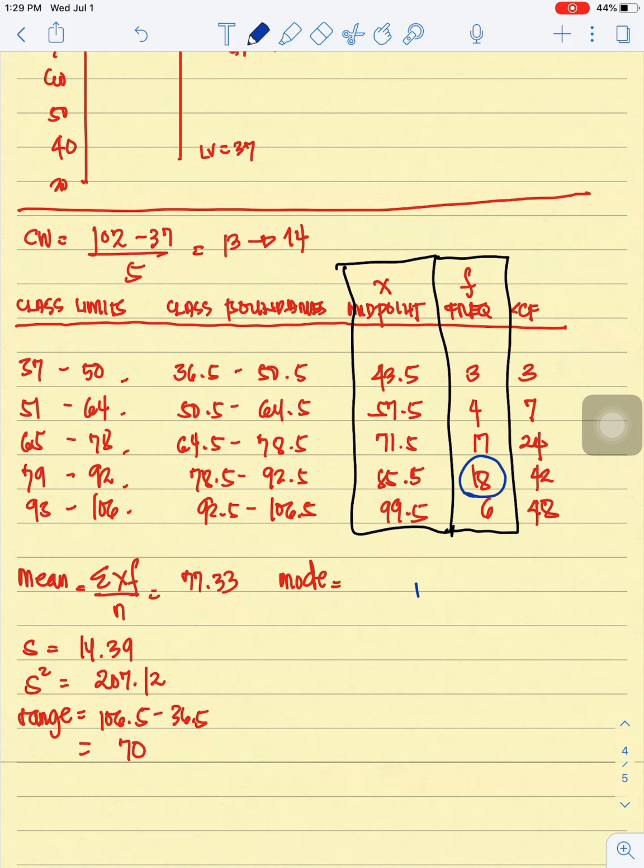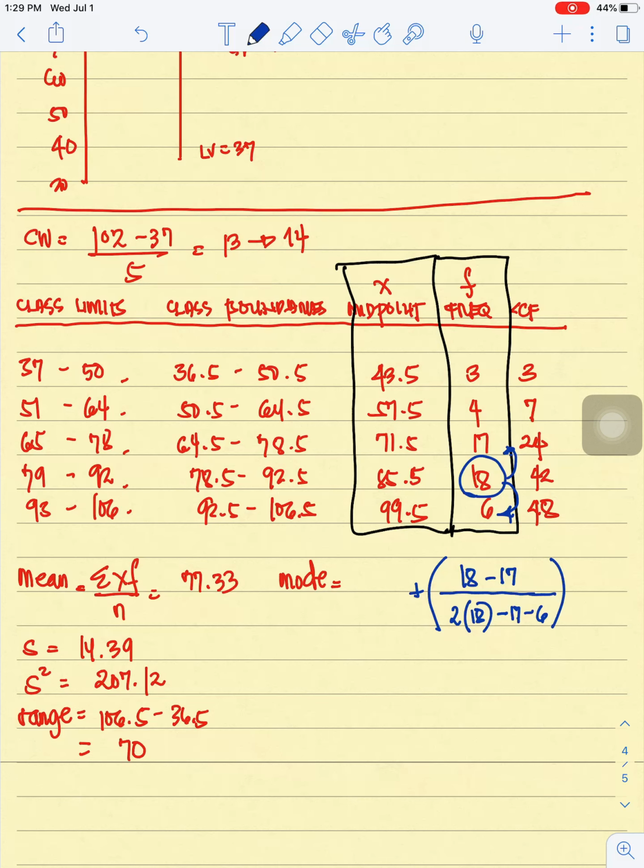So for that, we have 18 minus the upper value, that is 17, divided by 2 times 18, that's the highest frequency, minus the value on the upper part, that is 17, minus the lower value below, minus 6.